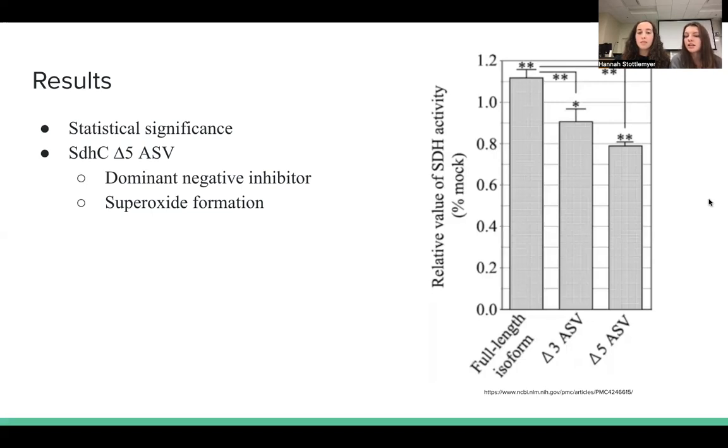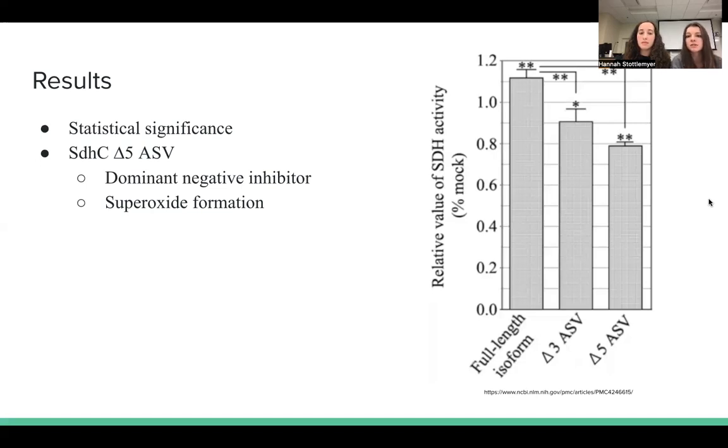And so also the lines in between each of the bar graphs that also show 2 asterisks are saying that there's p-values of less than 0.01 between the full-length isoform, the delta 3 ASV, and the delta 5 ASV. So what that is saying is the results are statistically significant between each of those 3 amino acid sequences. So there's significant difference in the SDH activity between the full-length isoform, the delta 3 ASV, as well as the delta 5 ASV.